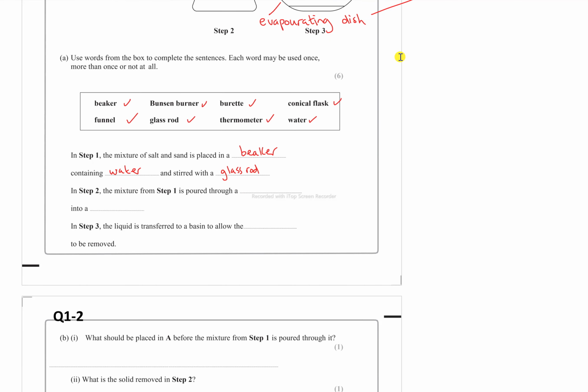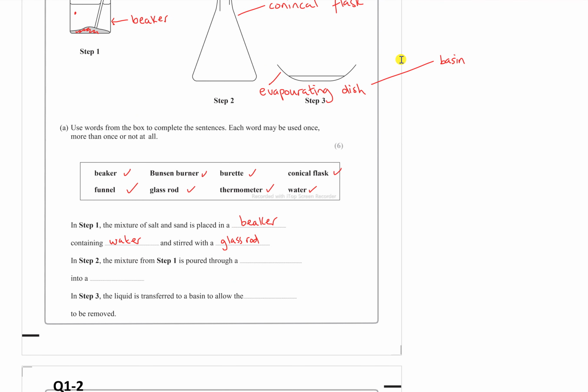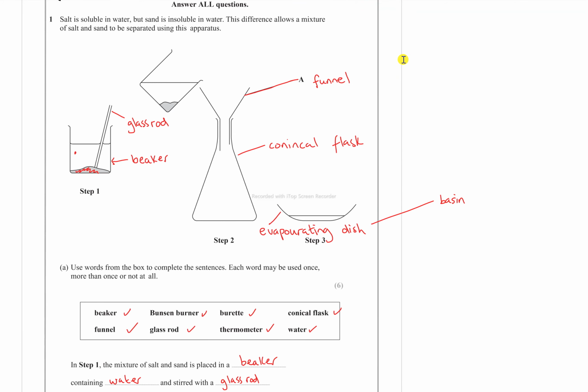In step 2, the mixture from step 1 is poured through a funnel. You can call it a filter funnel.